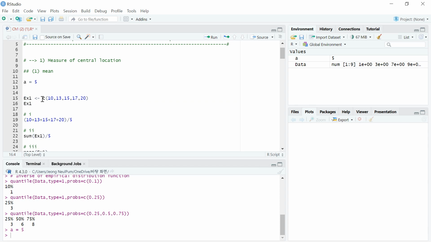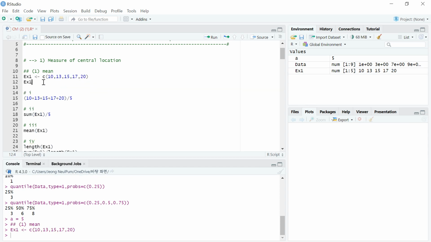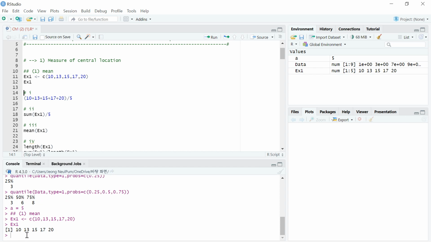It is important that we are going to store 5 values in one variable by using a vector. So we can use a vector with the c sign here. In this parenthesis, we can make 5 values in one variable. So this is how we use the vector sign here. In this below panel, you can see that we have variable ex1, which has 5 values, as we already did here.